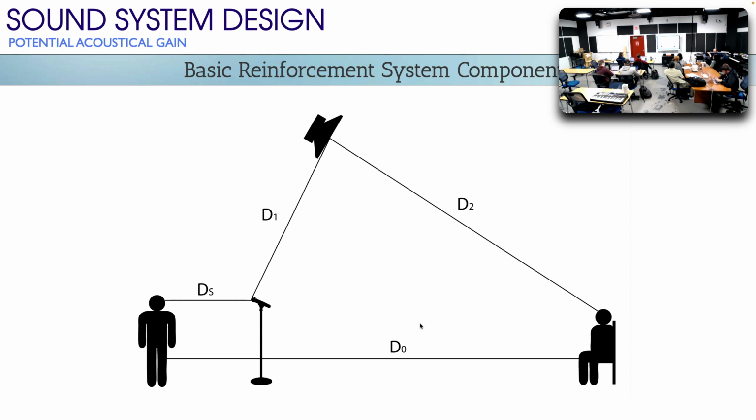Now, we've learned how we can figure out how much sound should be able to come out of that loudspeaker, right? That's what we've been focusing on so far, is how much sound could we make come out of that? How loud is it possible for it to be? And the answer is pretty loud, right?